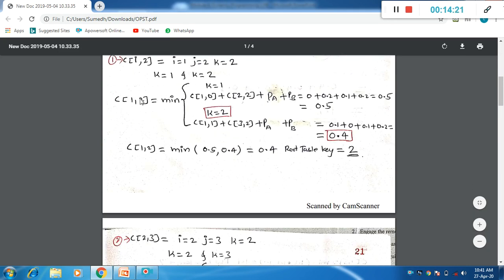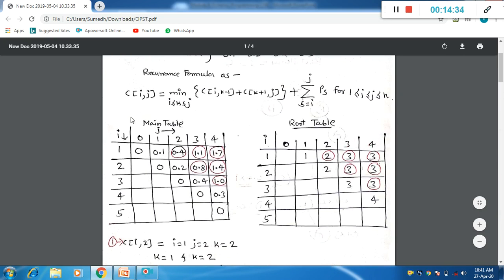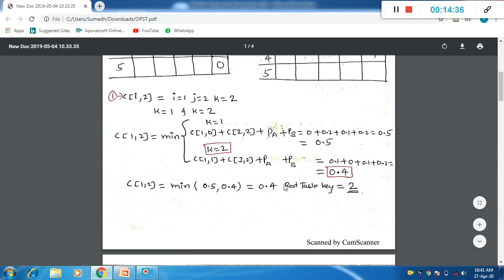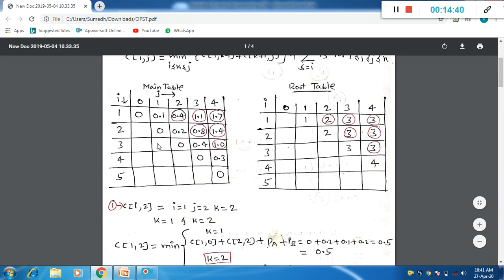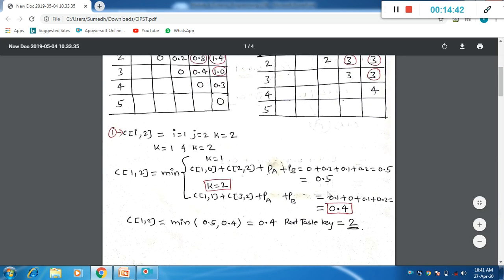Similarly, apply this formula once again with K equal to 2: C of 1 comma 1 plus C of 3 comma 2 plus PA plus PB. The value of C of 1,1 is 0.1, plus the value of C of 3,2, which is 0, plus the probability of A, 0.1, plus the probability of B, 0.2, is equal to 0.4.